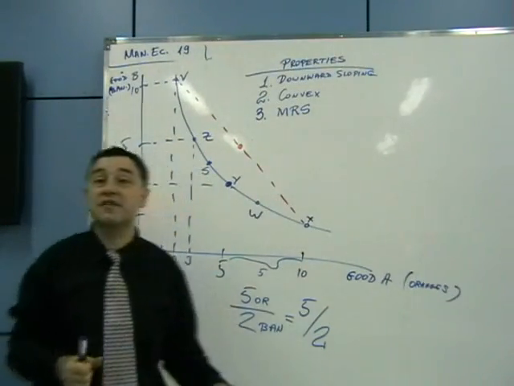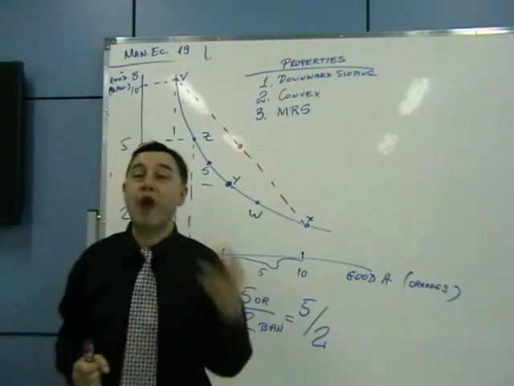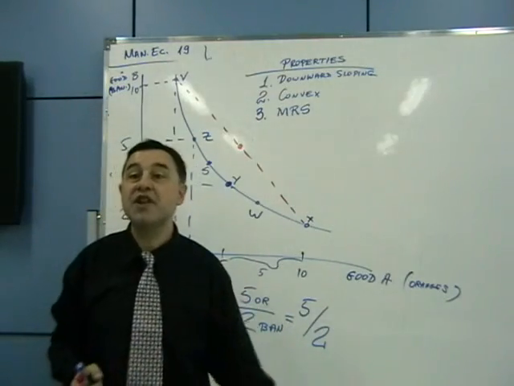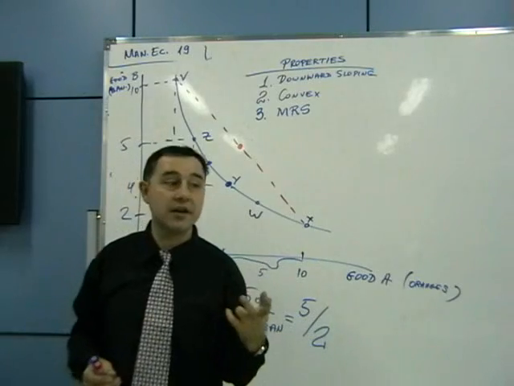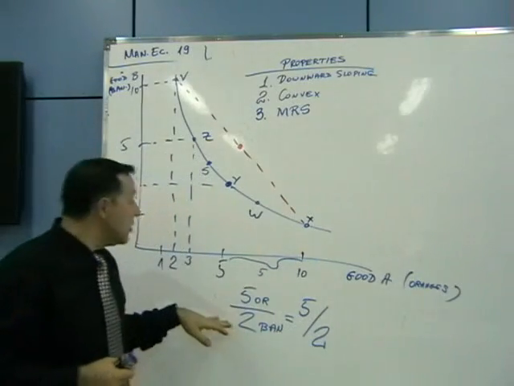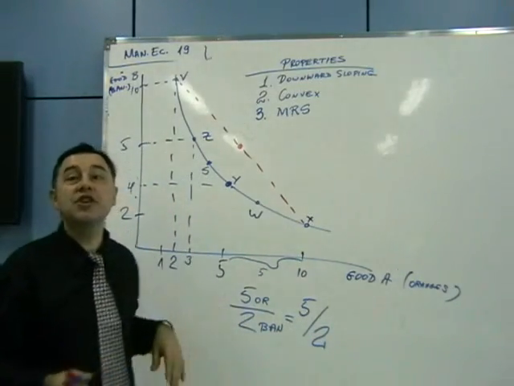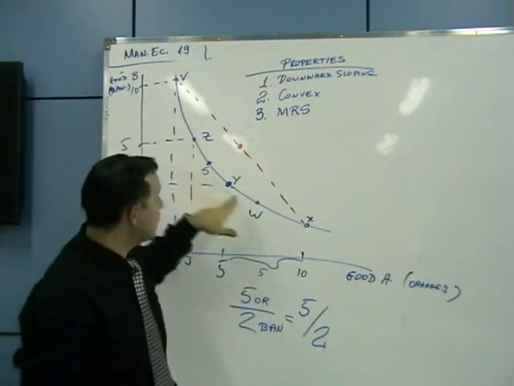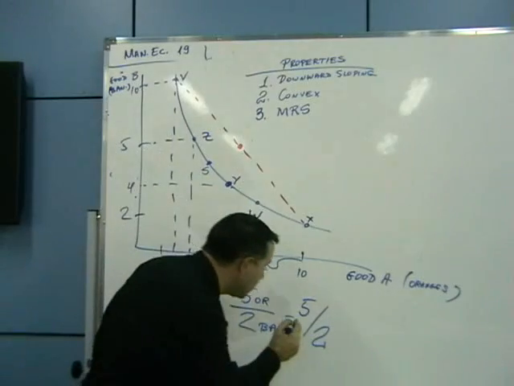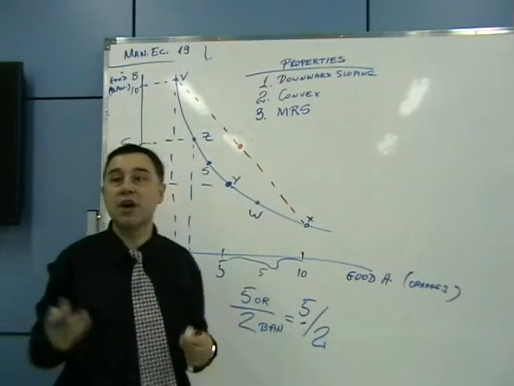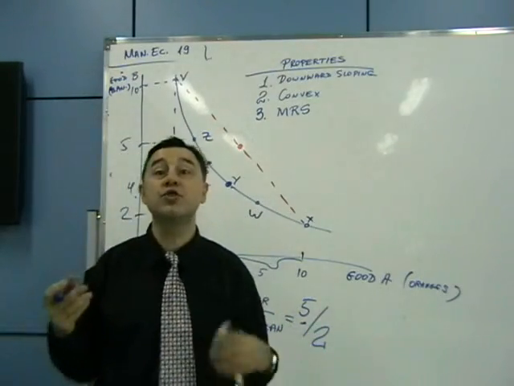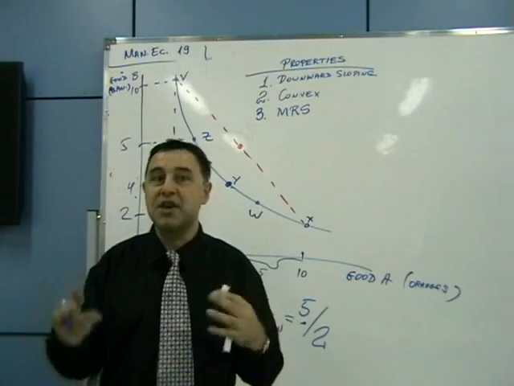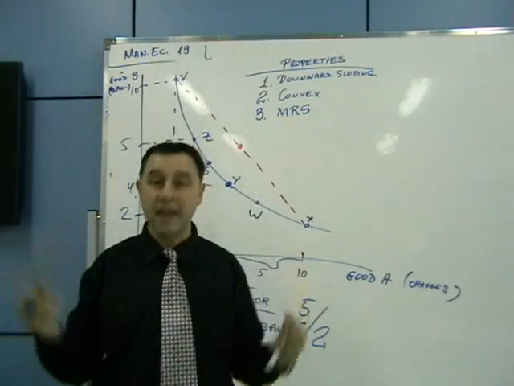So, marginal rate of substitution is the ratio between the one good and the other good, number one. Number two, marginal rate of substitution is almost always, because of the downward slope, negative. Alright, marginal rate of substitution between two goods must be necessarily negative.